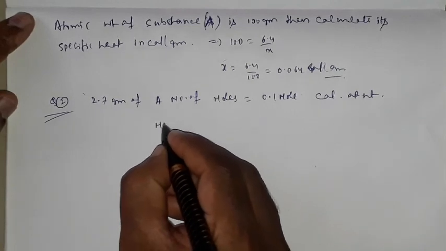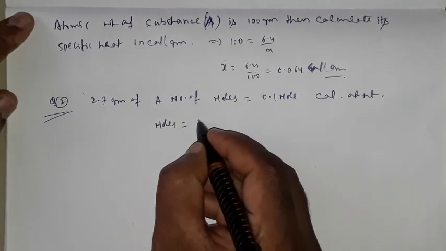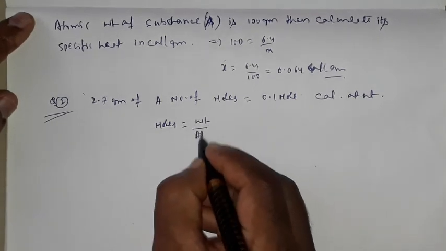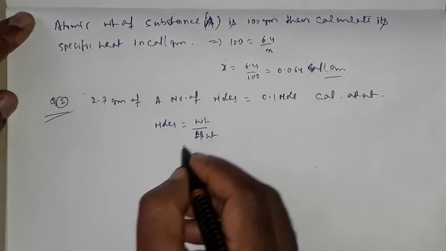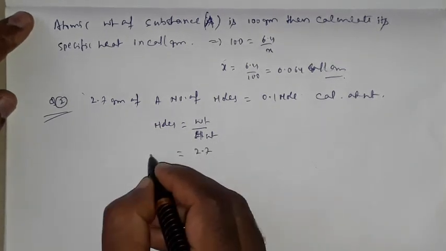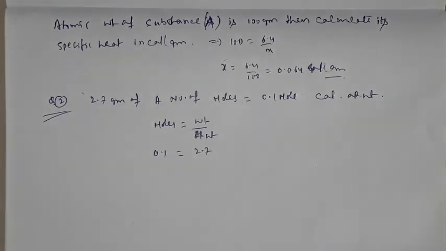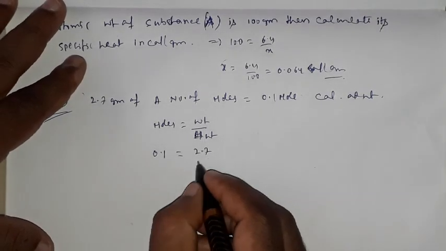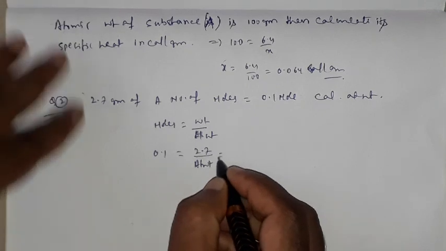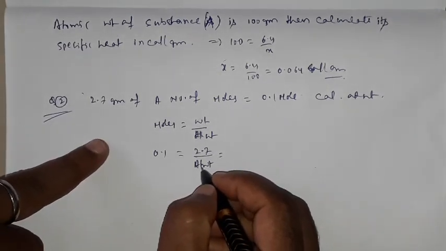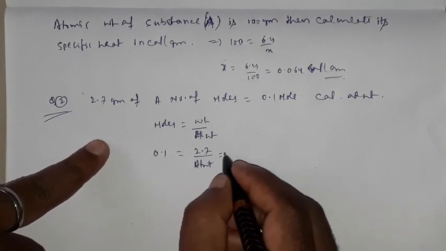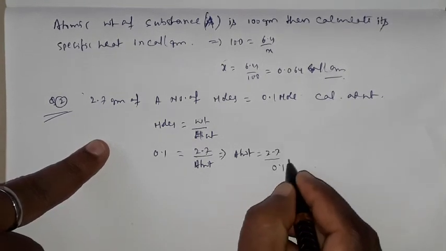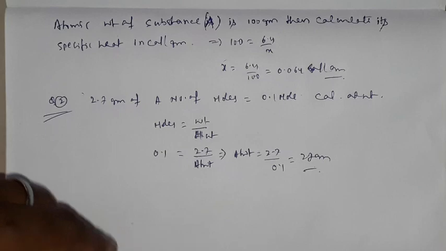Now the moles formula is weight by molecular weight or atomic weight. Here the weight is given as 2.7, moles is 0.1. That implies atomic weight equals 2.7 by 0.1, which is 27. So it is a simple concept.